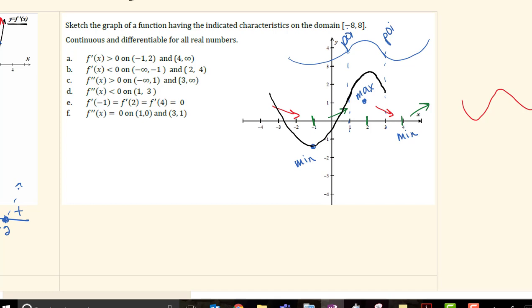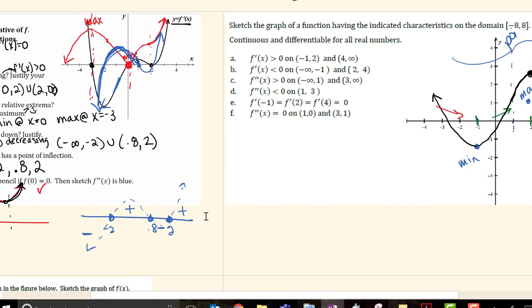Then we change concavity again, have a minimum, and go up. So there's my min, there's my max. Remember, it does not have to be perfect, but you do need to meet those criteria: the points of inflection should change concavity at positive 1 and positive 3, there should be a maximum at positive 2, and there should be minimums at negative 1 and positive 4.